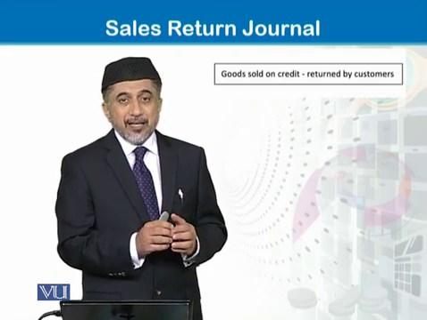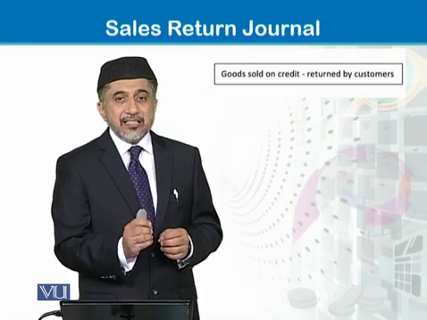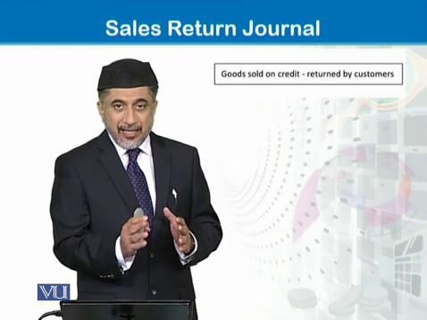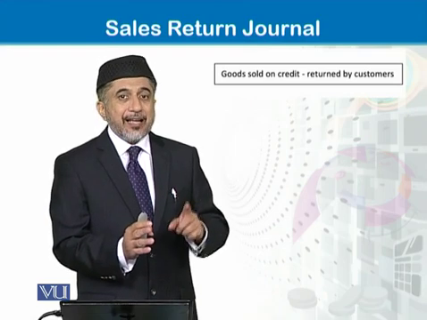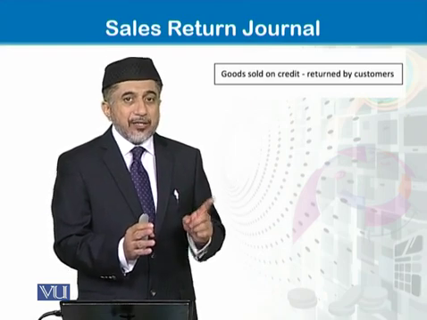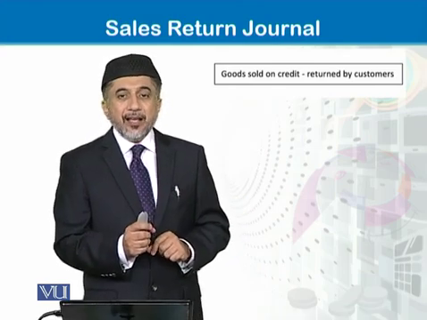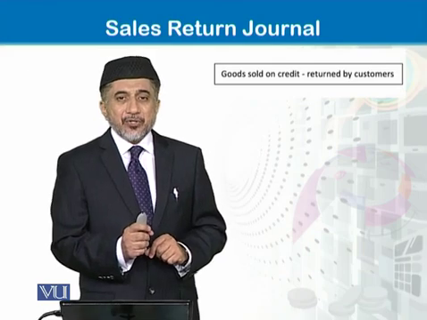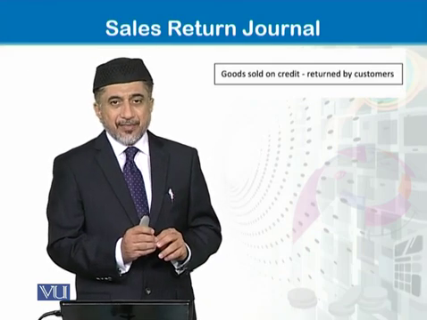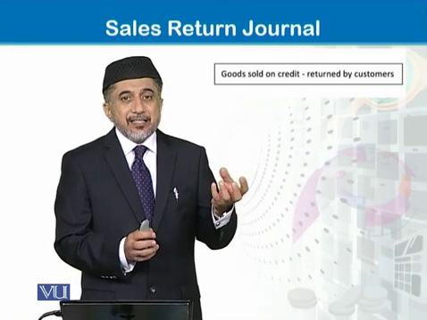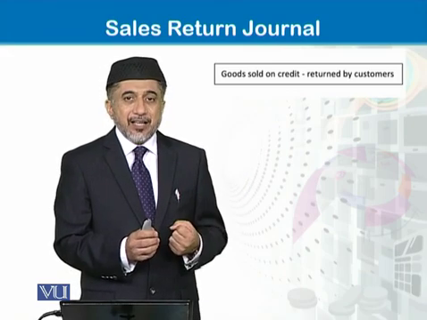So remember that the sales return journal is prepared for those returns of sales which in fact took place on credit terms. Agreed? Well, when we sold goods on credit to customers, those transactions created receivables.